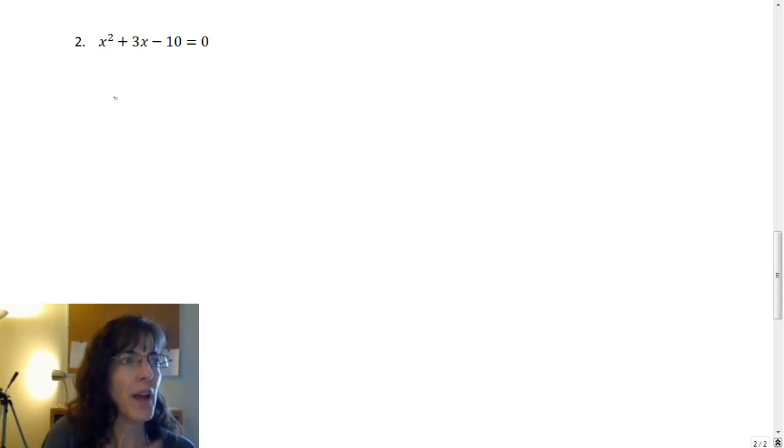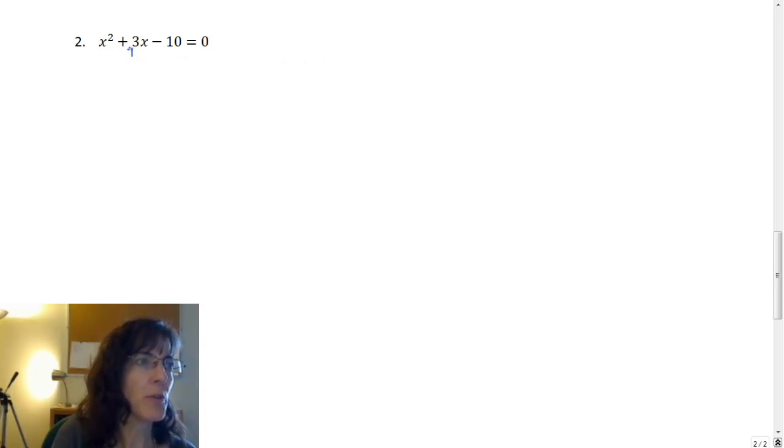Number 2, I see that I have a polynomial set to 0, but it's not factored. So I need to factor it so that I can solve it. So I'm looking at the middle term, and I see that my sum should be a positive 3.